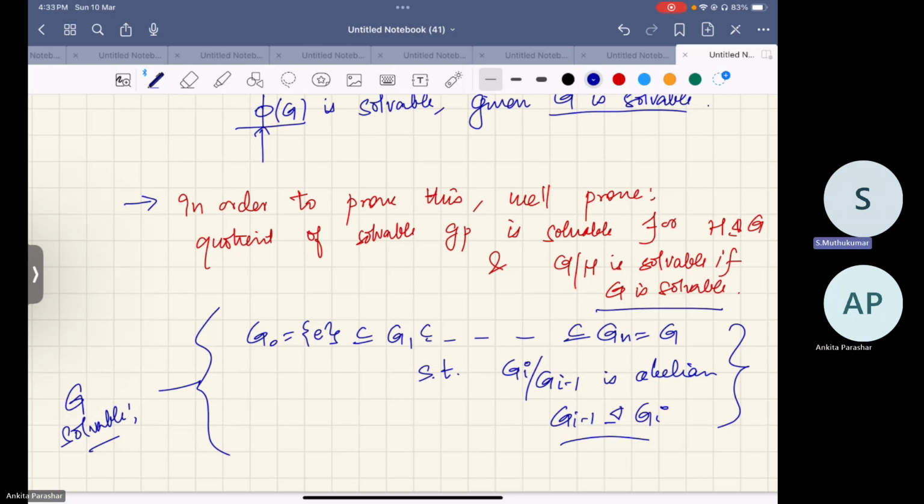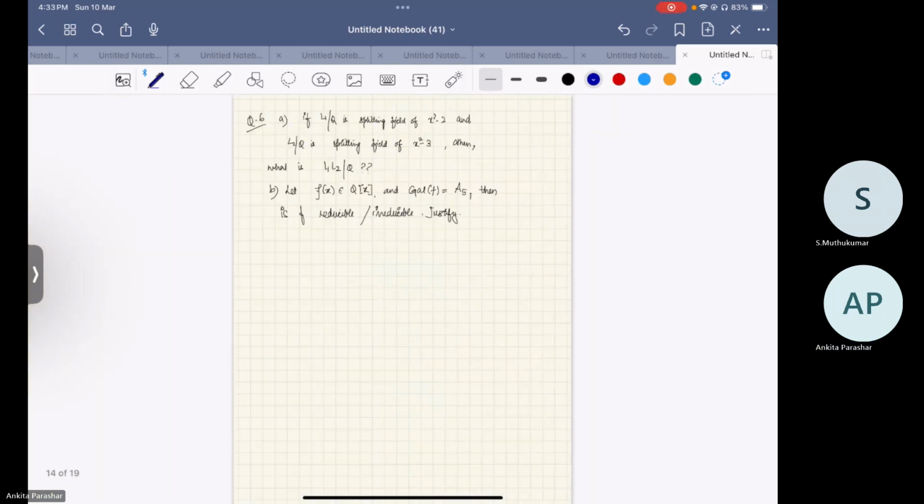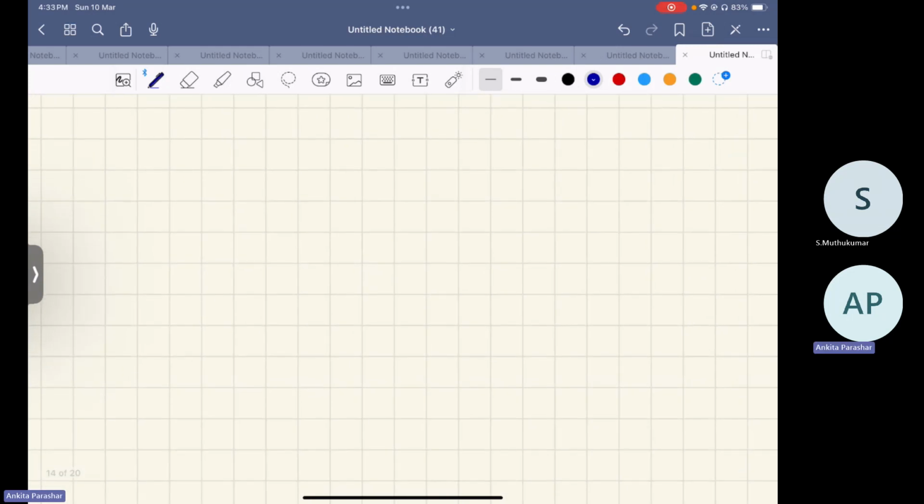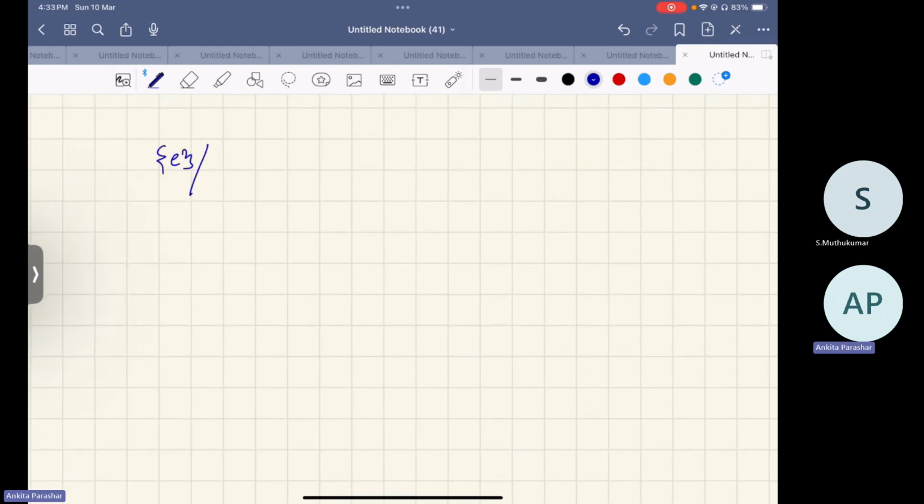Okay. Let me write that. So what you are saying is take the quotient throughout: E mod H contained in G1 mod H, contained in G mod H.